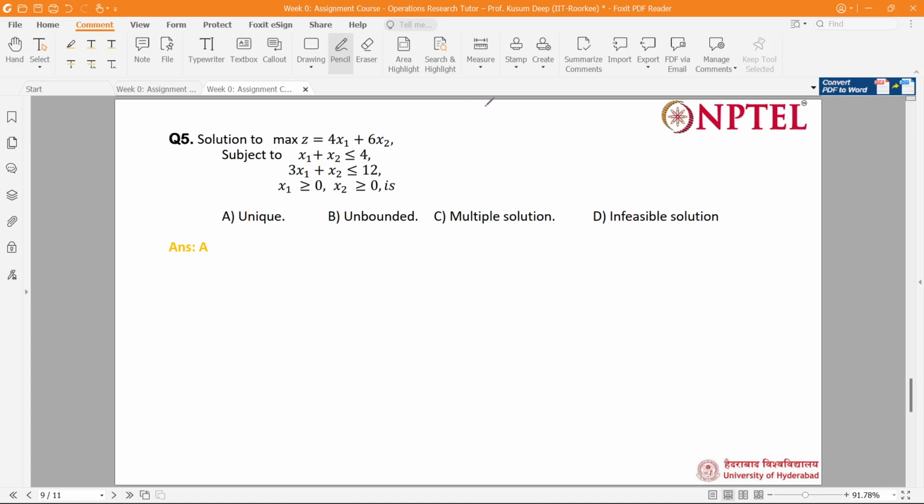In a linear programming problem, if only two variables are involved, then the graphical method is simple and easy to solve. If there are more than two variables, then there are other methods like simplex.